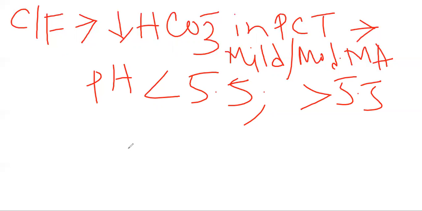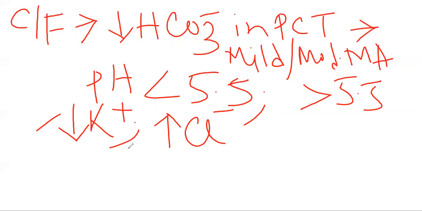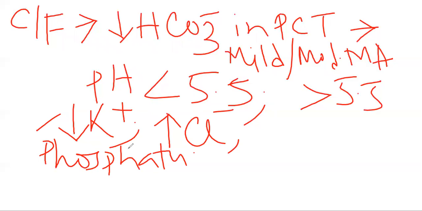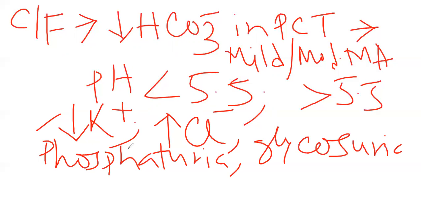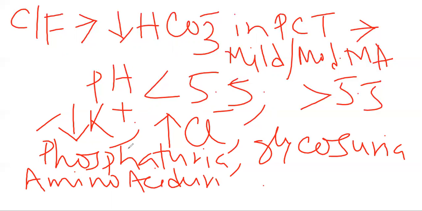Along with this feature, other features are hypokalemia, so potassium ion concentration will be reduced. Of course, there will be hyperchloremia, and along with that, there will be phosphaturia, glycosuria, aminoaciduria, and proteinuria in the form of albumin.